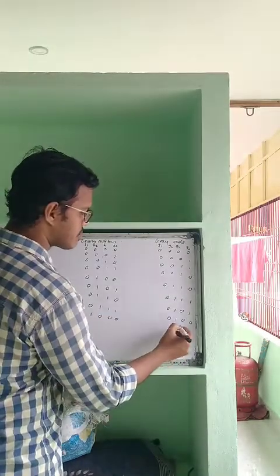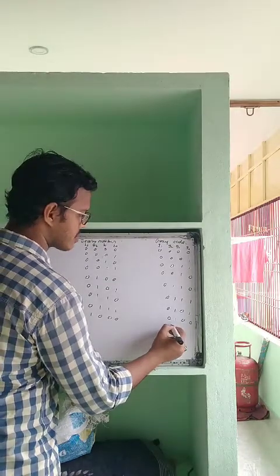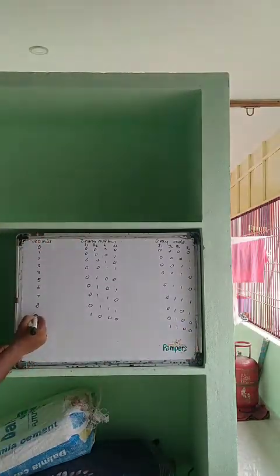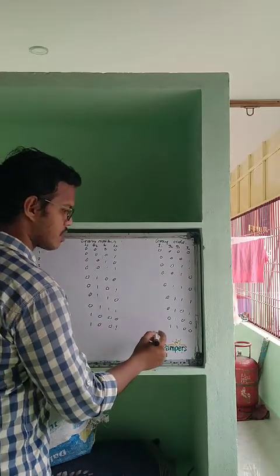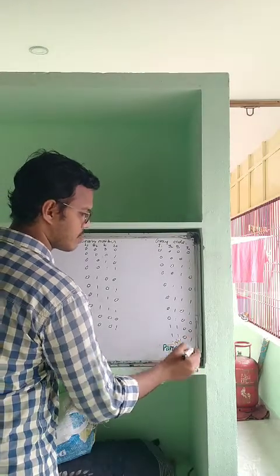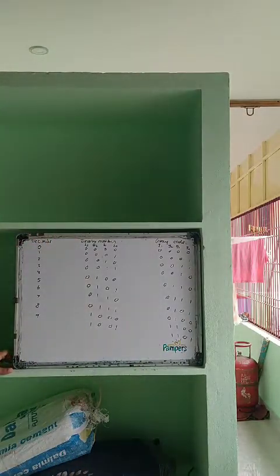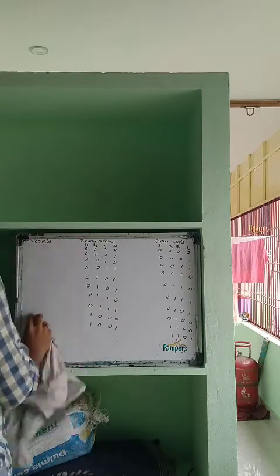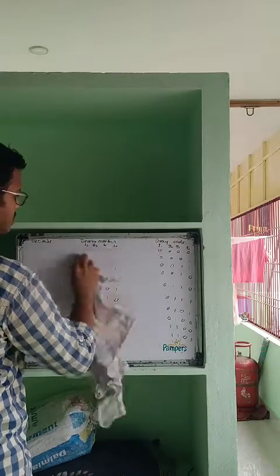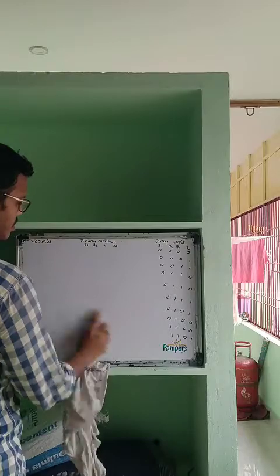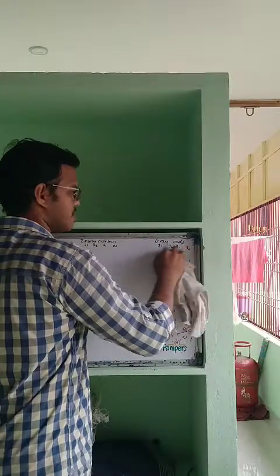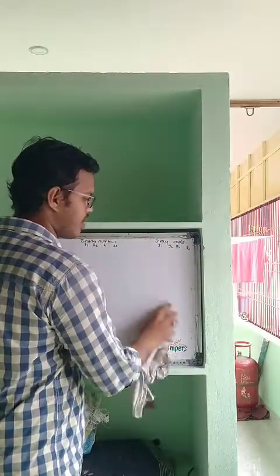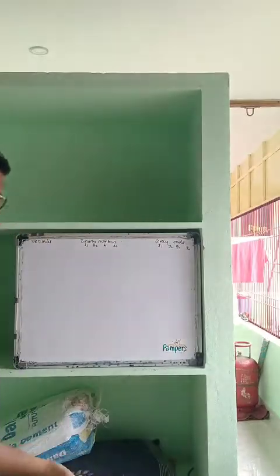Here 8 is written as 1 1 0 0. 9 is written as 1 0 0 1. Here it can be written as 1 1 0 1. Okay. I will write down all these gray codes from 0 to 16, and I will explain how it is happening.